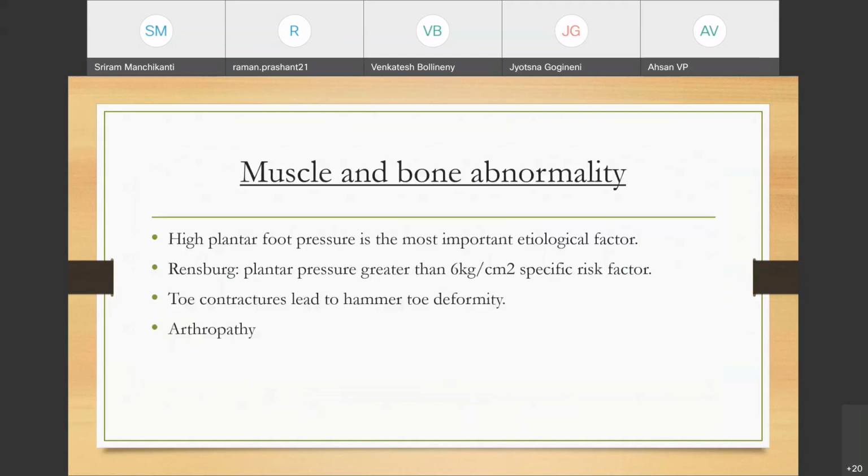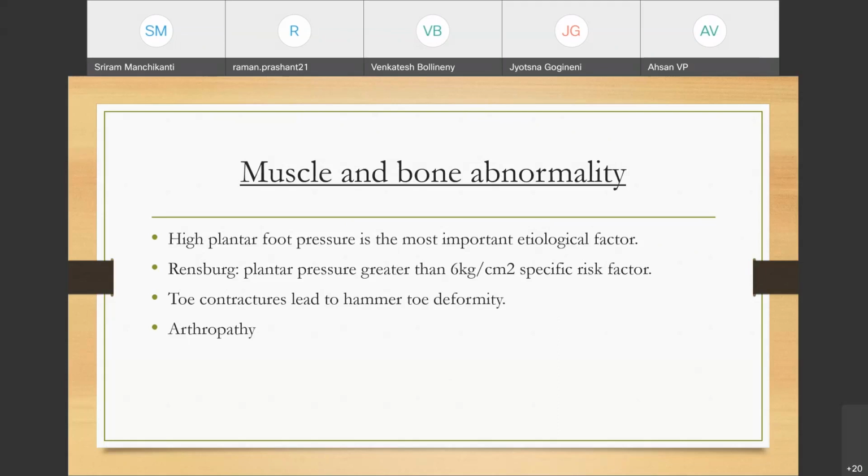So, muscle and bone abnormalities. The most important etiological risk factor for the development of the ulcer is high plantar pressure. It was found that any plantar pressure greater than 6 kg per centimeter square is a very specific risk factor for the development of the diabetic foot ulcer. This high plantar pressure can be due to the loss of sensation, coexistent neuropathy, and contractures.